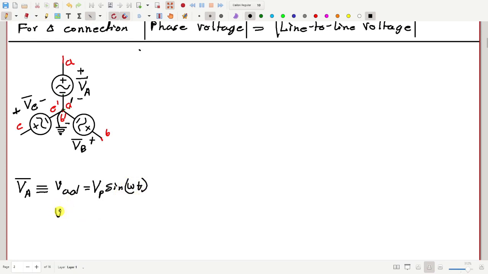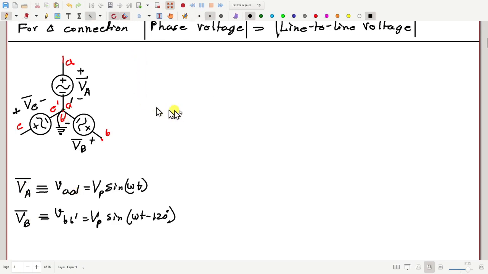Similarly, VBB prime is V peak sine omega t minus 120 degrees, which corresponds to phasor VB bar, and similarly VC. Now, if I draw a phasor diagram representing VA, VB and VC, how should that look?